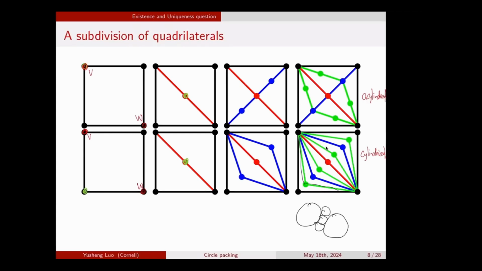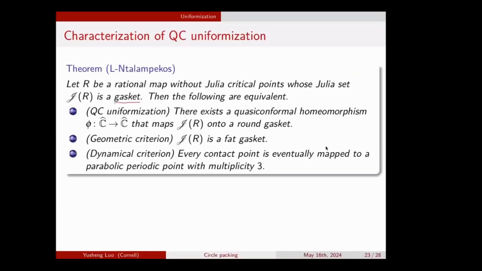And I have the same question, but for your second theorem, where you have some equivalent conditions, and one condition is that you have a fat gasket. So for example, how often does it happen? Right, that's a good question. There are infinitely many such examples in the quadratic case, infinitely many non-homeomorphic examples.